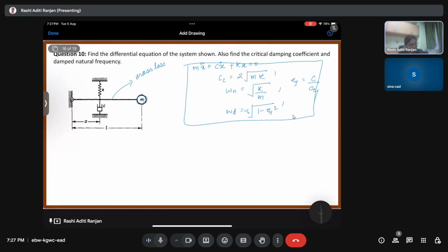So the moment of inertia for this mass is going to be what? m l square. And it is actually going up and down by a small value of theta. So this configuration is going to be something like this.